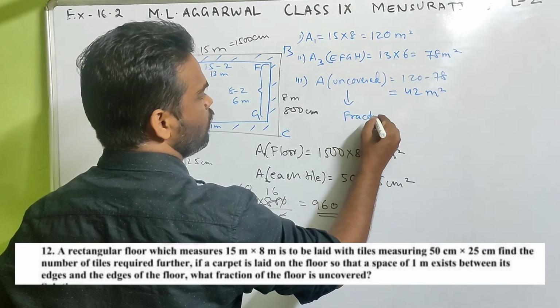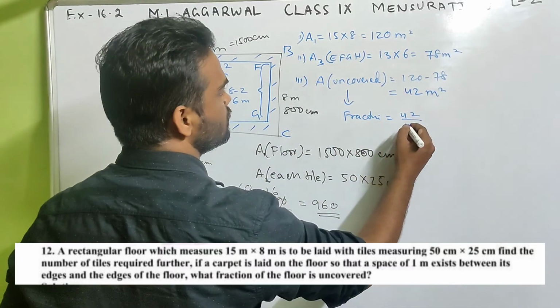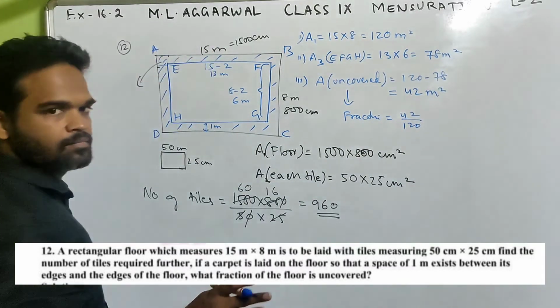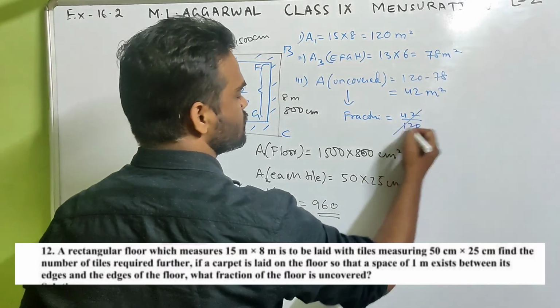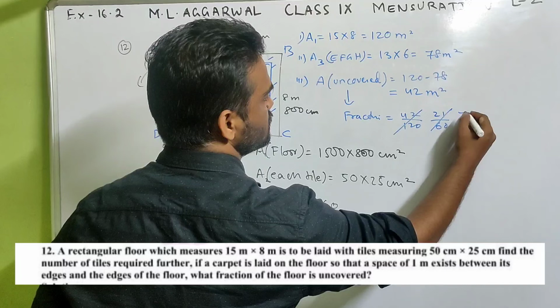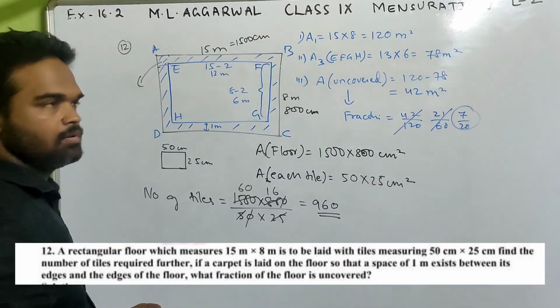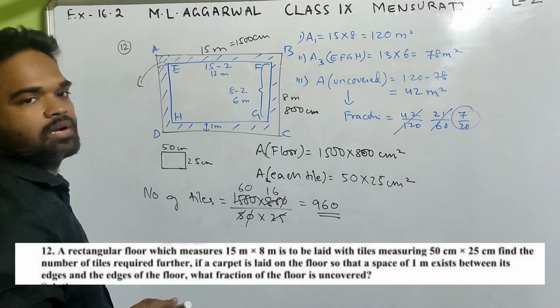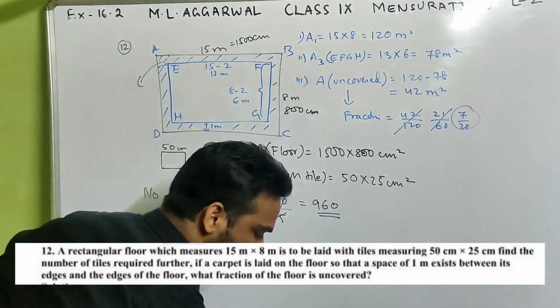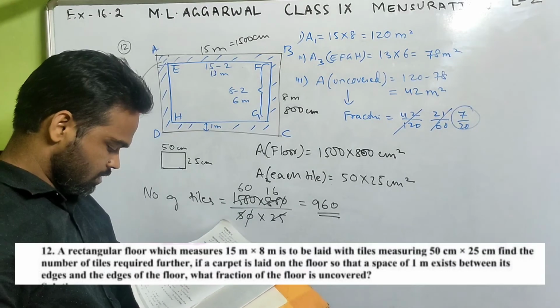So in fraction form what we'll do? 42 by total area, 120. Isn't it? So that's 21 by 60. That's 7 by 20. So this much of the floor is not covered. 7 by 20. Am I clear? Sure. This is 7 by 20.